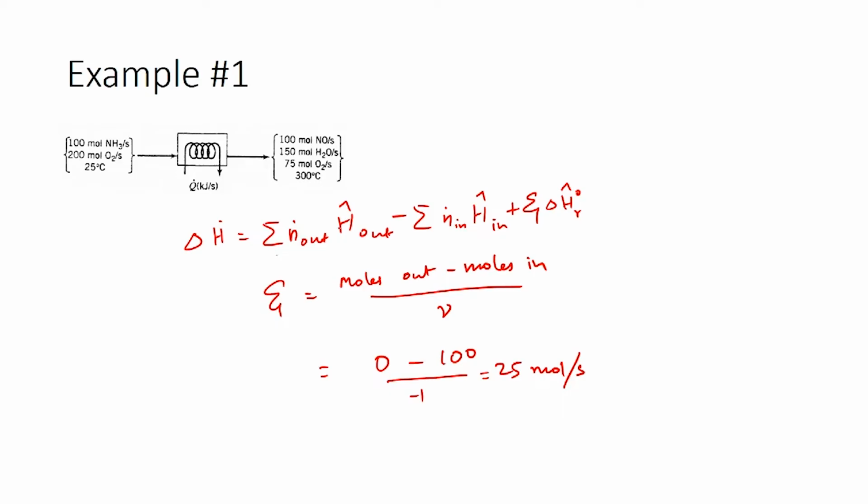So, extent of reaction is 25 moles per second, and you already have the heat of reaction, you have the specific enthalpies for the individual components in the outlet stream and the molar flow rates of the outlet streams. Inlet stream, everything goes to 0.